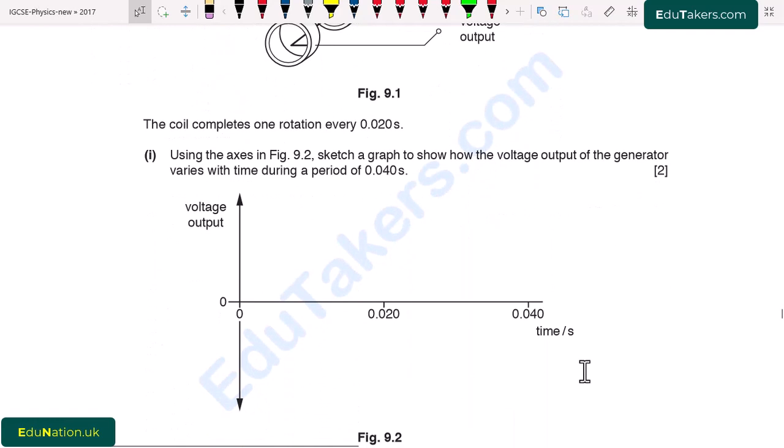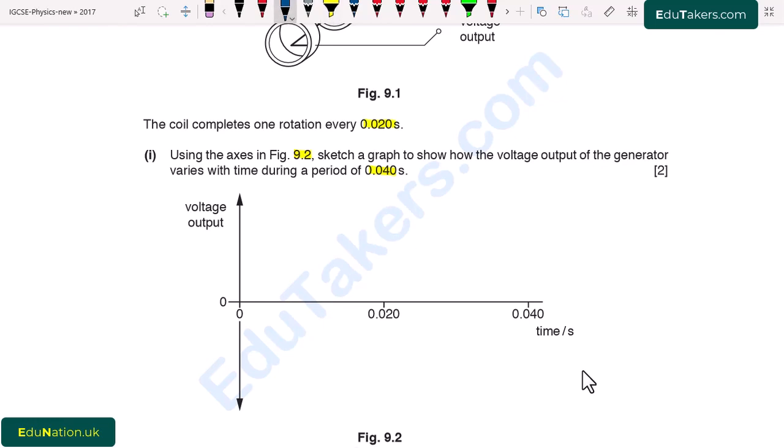So the coil completes one rotation every 0.020 seconds. Part 1. Using the axes in figure 9.2, sketch a graph to show how the voltage output of the generator varies with time during a period of 0.040 seconds.